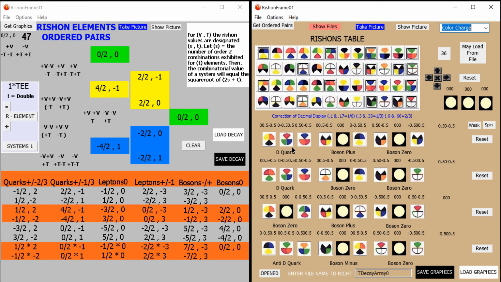And so the color charges are always indicated by the color of half of the semicircle to the right. And again, you can see the quantum numbers displayed when you hover over the Richon. And so we can see here that we have complements blue and orange, which cancel, leaving the color charge of red on this generic D quark.